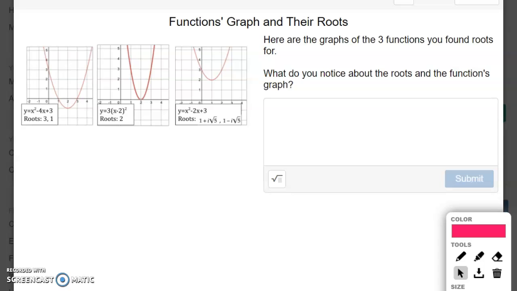Whereas the one with no real solution, it's a floating parabola. It never crosses the x-axis because it does not have any real root, but it does have complex roots. If it has complex roots only, it's never going to be crossing the x-axis.